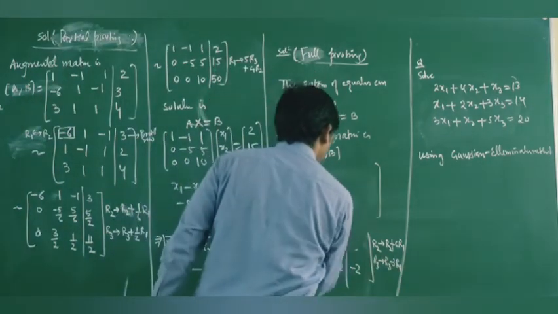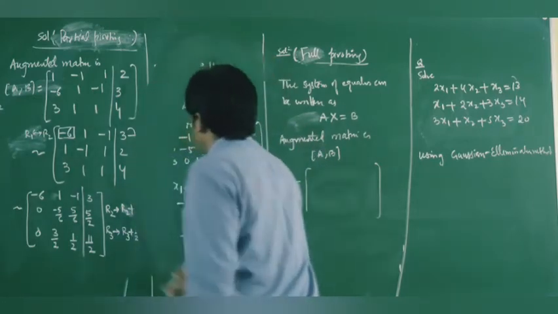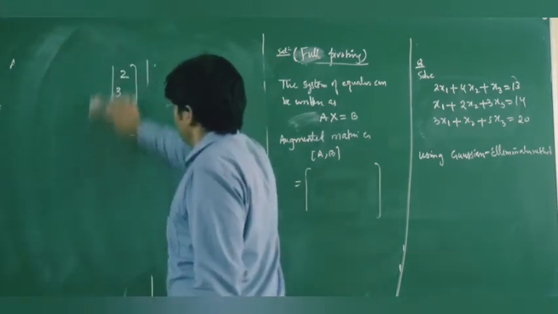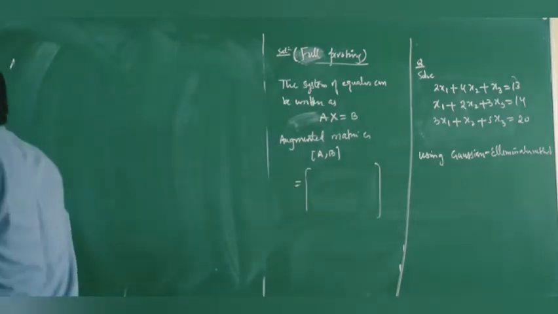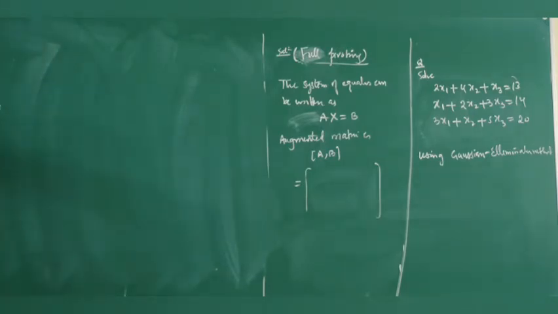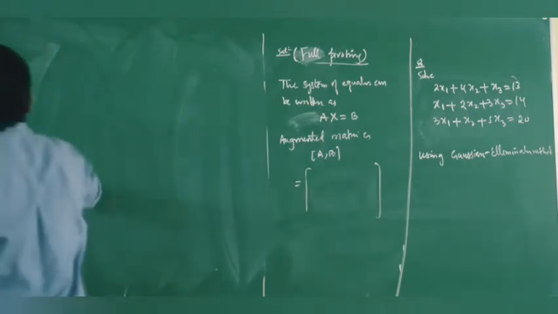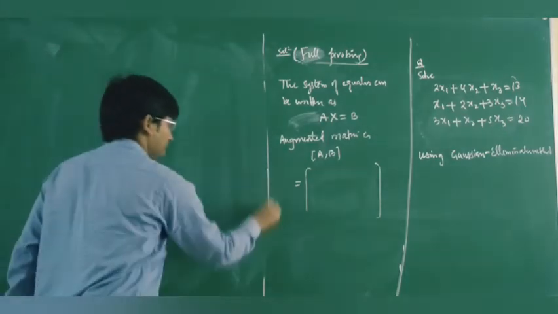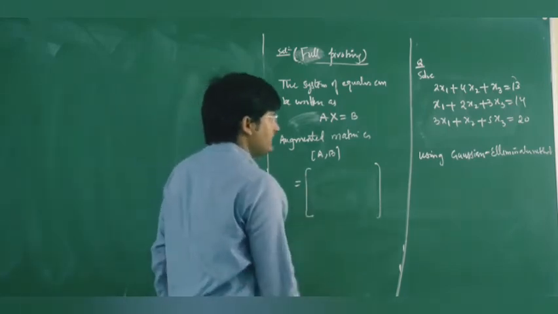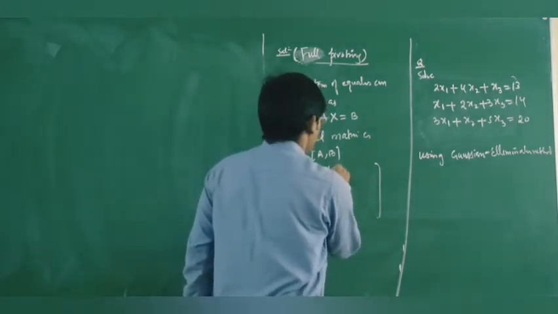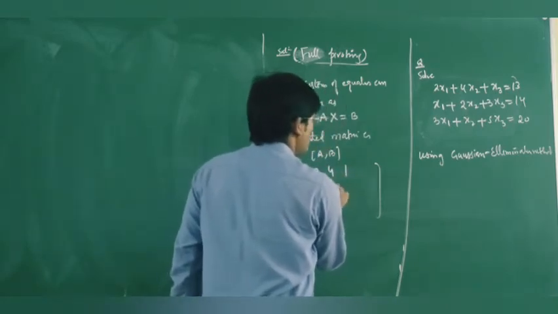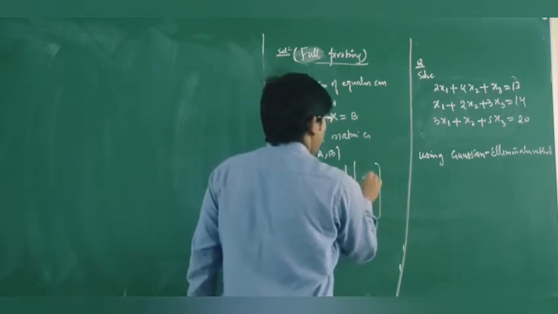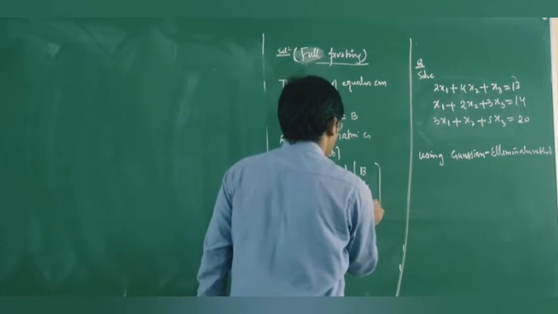So our augmented matrix is: the coefficient matrix is 2, 4, 1, then 1, 2, 3, then 3, 1, 5, and on the right hand side we have 13, 14, 20.